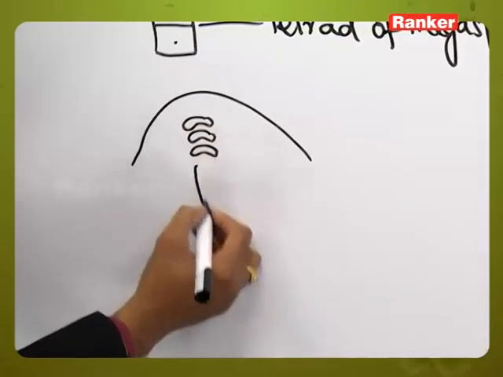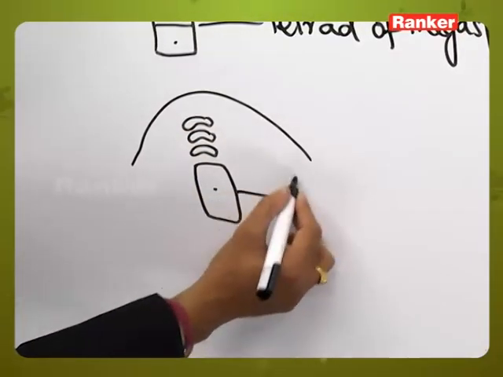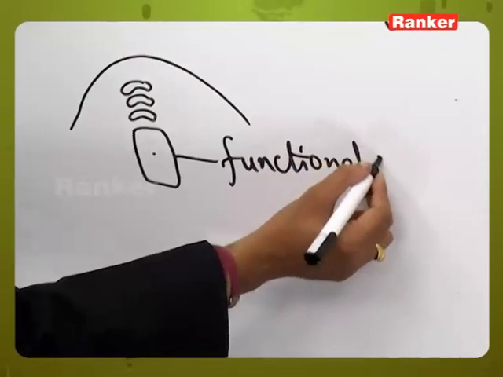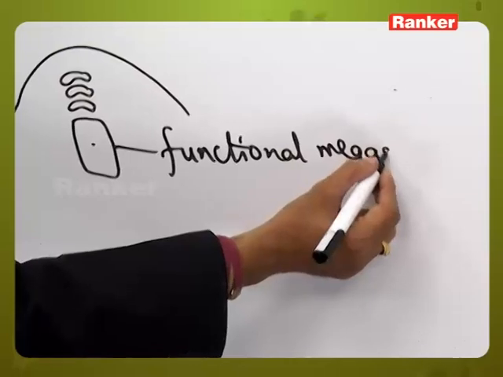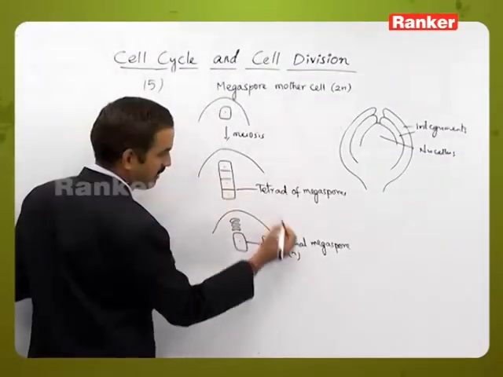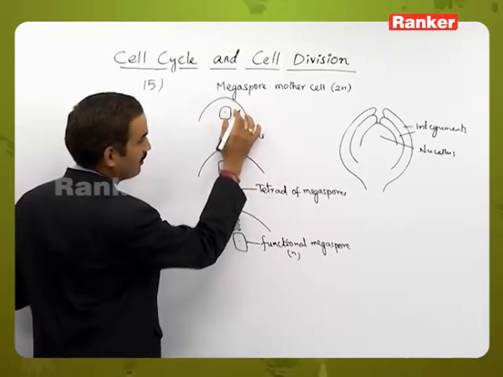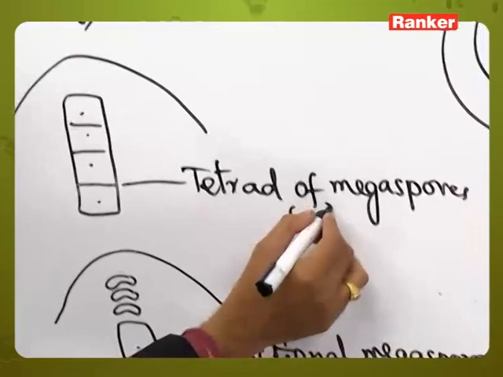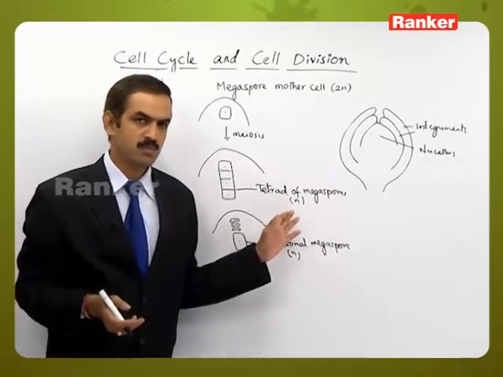On the lower side, this one is called the functional megaspore. This functional megaspore will be haploid, because the megaspore mother cell, which is diploid, underwent meiosis to form the tetrad of megaspores, which are also haploid.